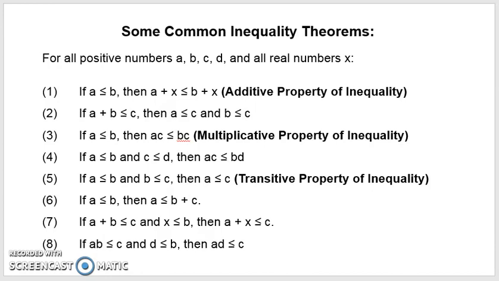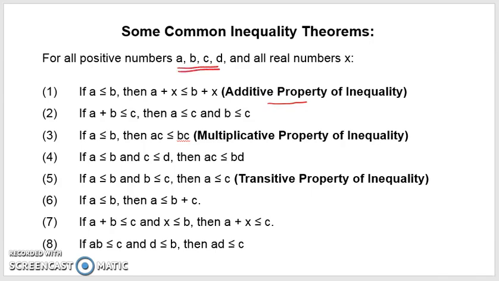A couple of them are pretty standard, extensions of what you do in algebra. The additive property of inequality essentially says that you can add some real number to each side. And note that that real number doesn't need to be positive or negative, it's just any real number. In these theorems, a's, b's, and c's are only positive.